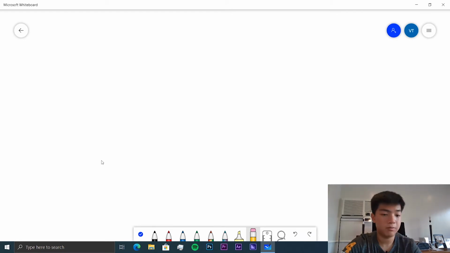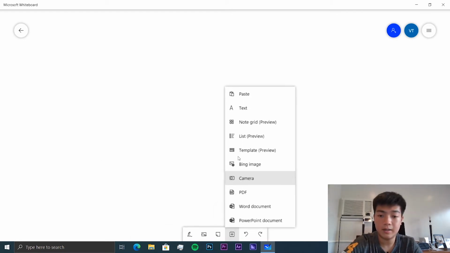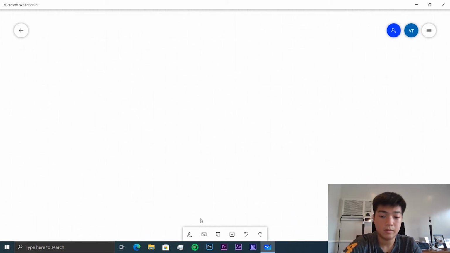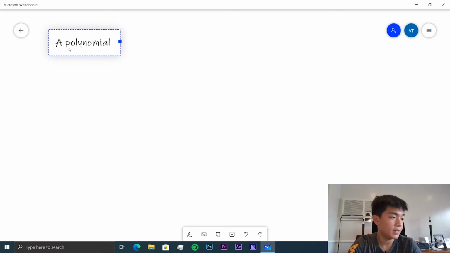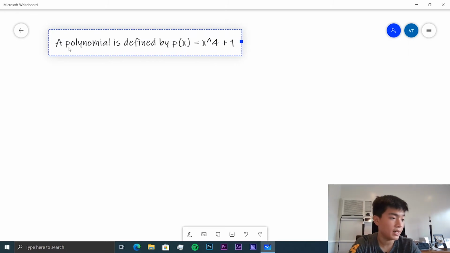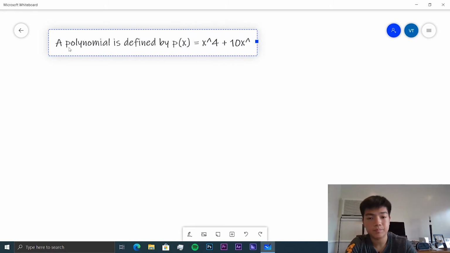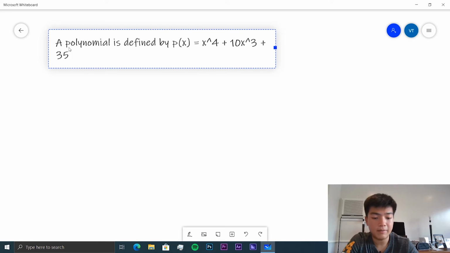And the next one we have: a polynomial is defined by p of x is equal to x to the 4 plus 10x cubed plus 35x squared plus 50x plus 24.